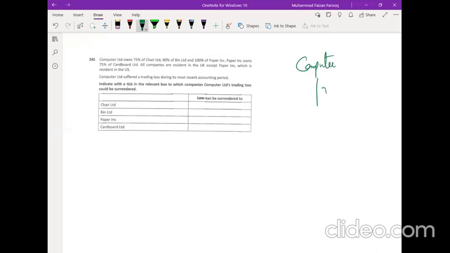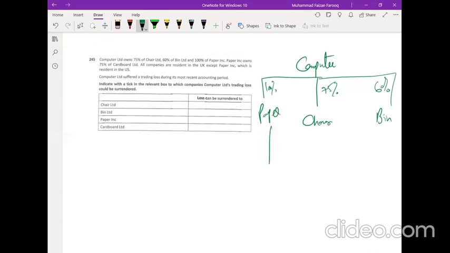Computer owns 75% in Chair, 60% in Bin, and 100% in Paper. Paper owns 75% in Cardboard.